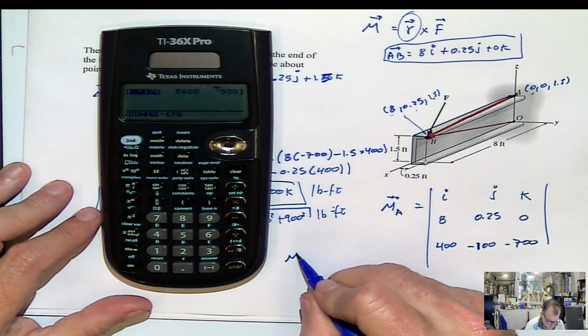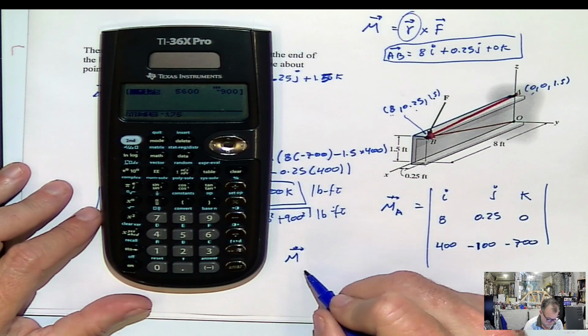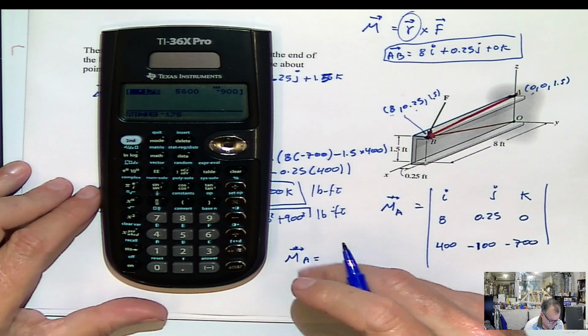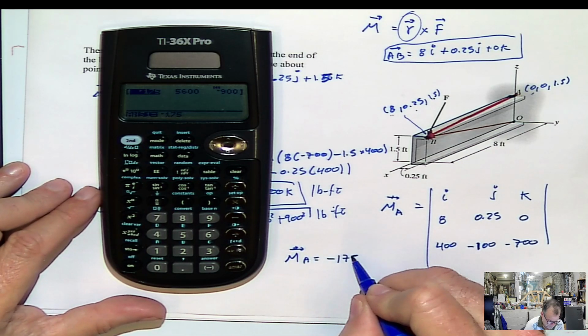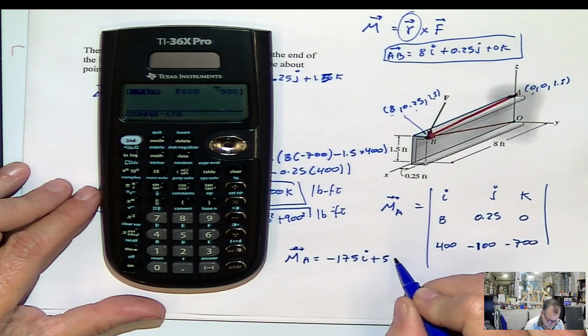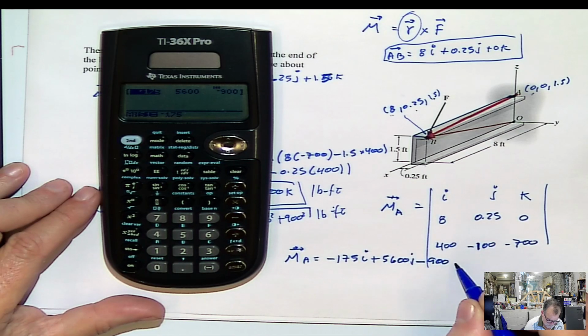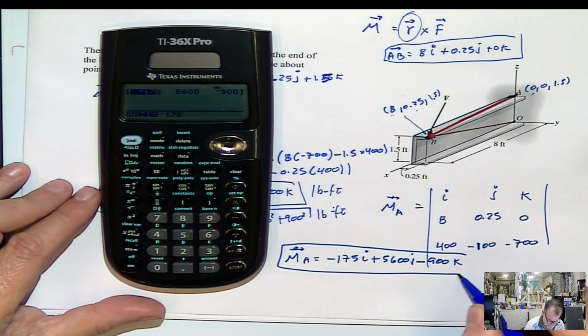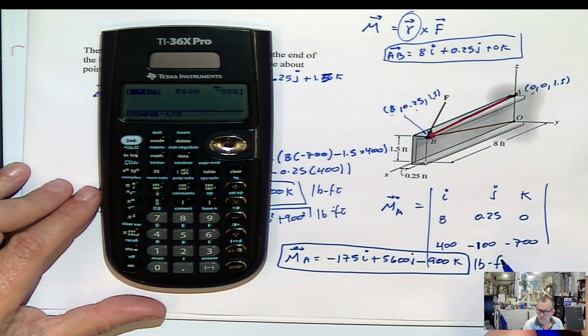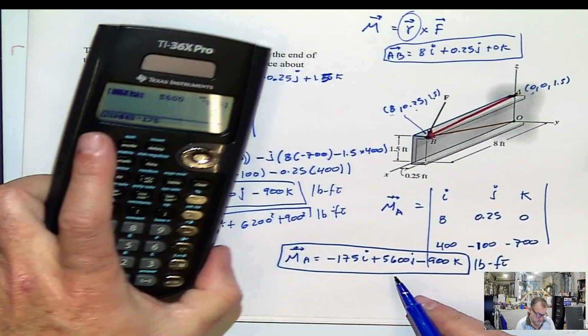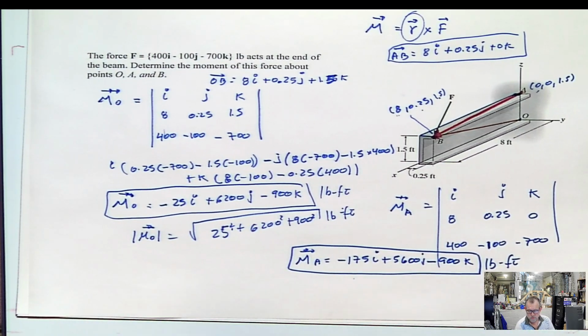The moment of the force F with respect to the point A is going to be minus 175I plus 5600J minus 900K in pounds-foot. Magnitude, square root of this square plus this square plus this square.